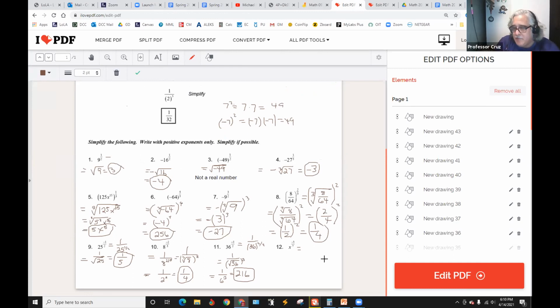So what happens here is, all right, so then this would be the 7th root of x to the 3rd. And nothing can happen there because the index is larger than the power there. So that's all you can do. So I just wanted to make up one where it actually changed a little bit.